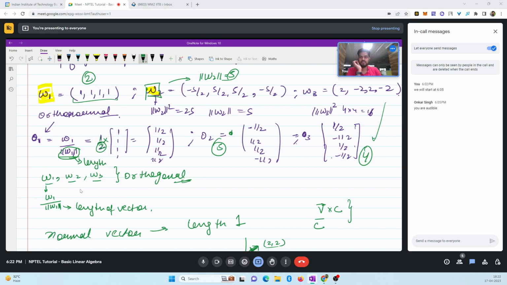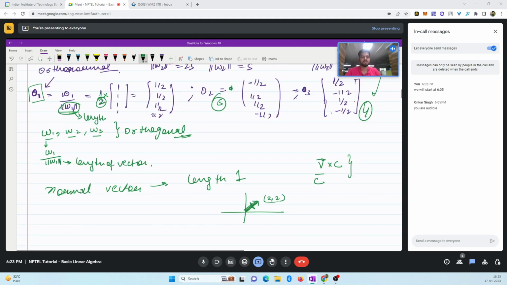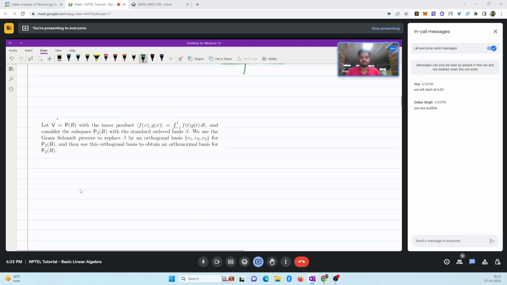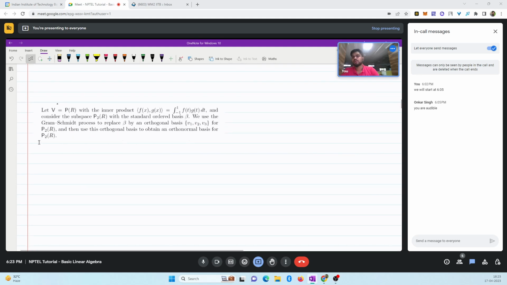But when you find orthonormal vectors, you can straight away see that these vectors only change in sign at some places. So I feel that orthonormal vectors also become more interpretable to us when we are using them for some application. Okay, so that example is over.